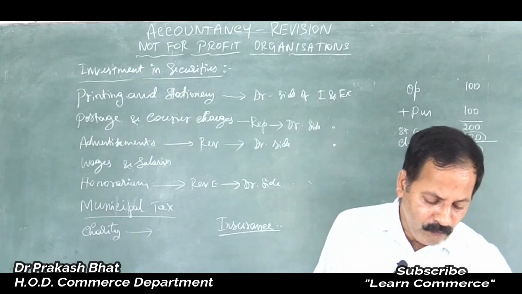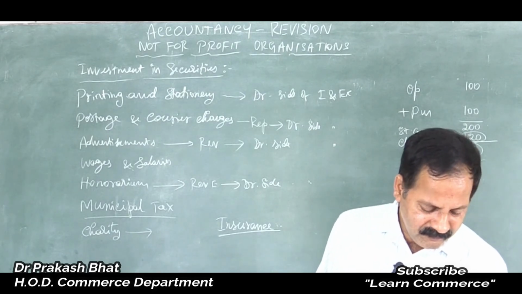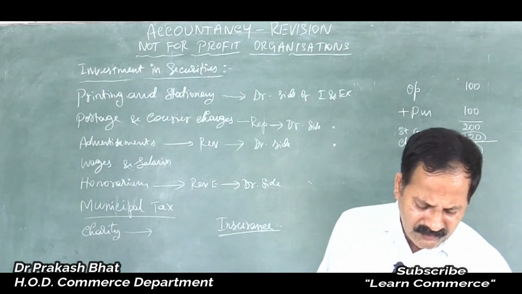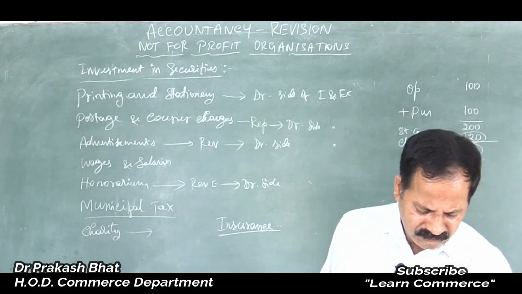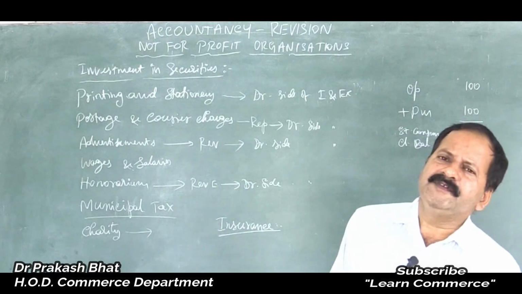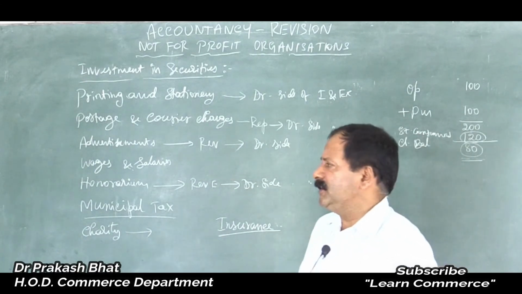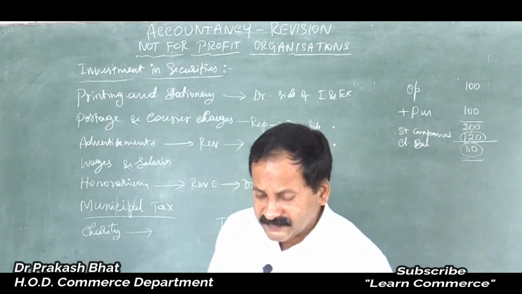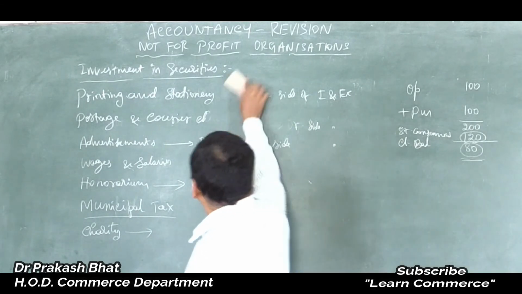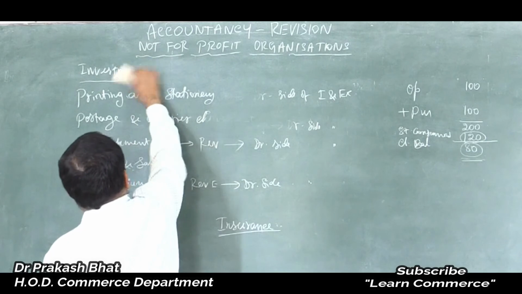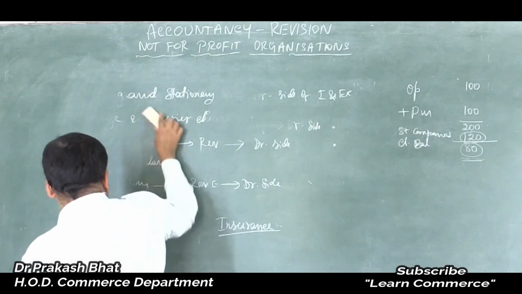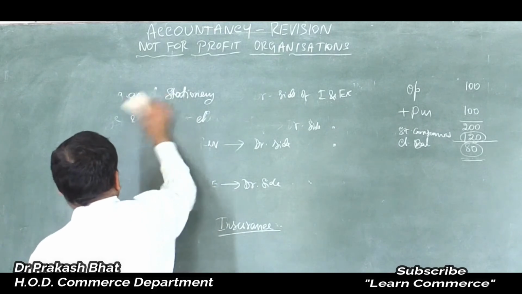Now, the problem part, friends. Some problems will have an opening balance sheet, while others are missing the opening balance sheet. They give the capital fund in the problem itself. In such cases, there is no need of preparing an opening balance sheet.